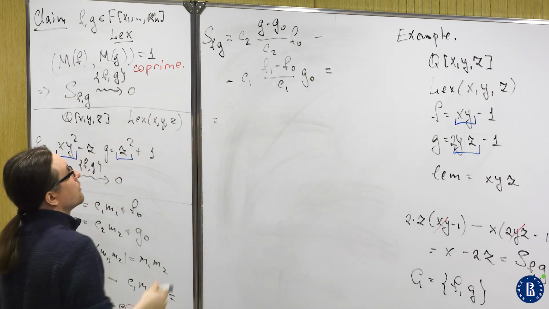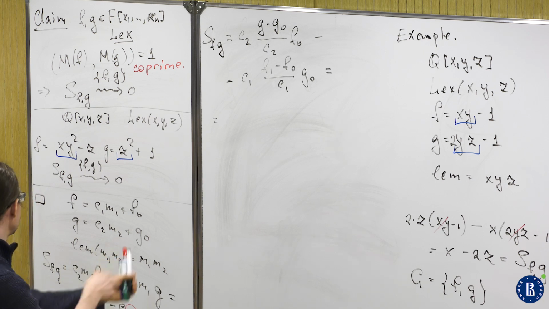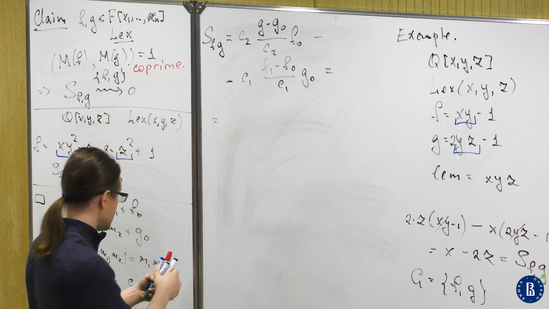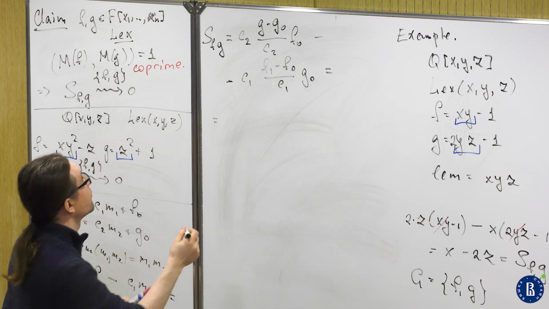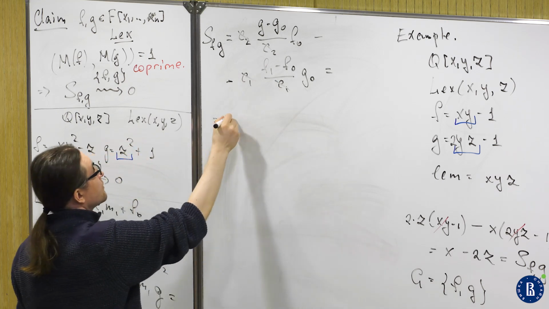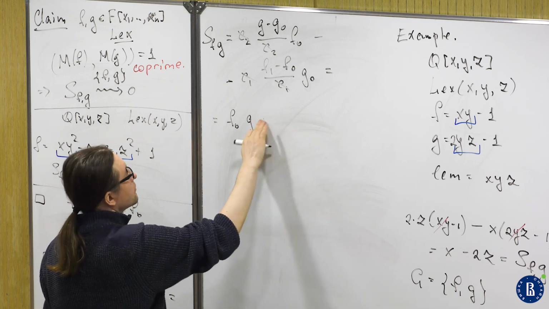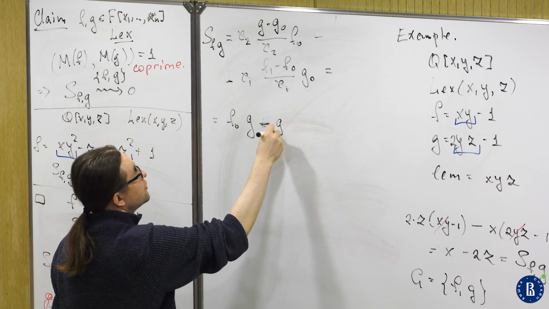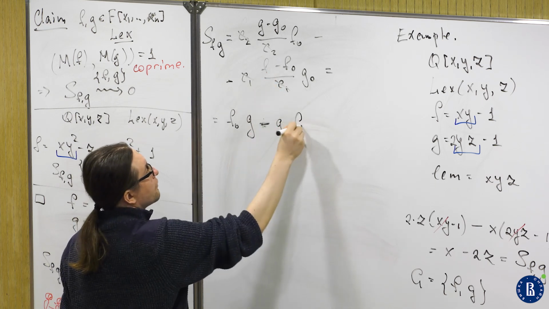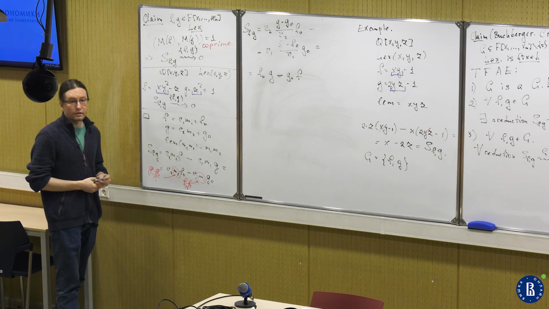So if we rewrite it here, am I doing something wrong? No, that's okay. That's actually okay. So we cancel these two things, and in the result we will get f0 g minus g0 f. This is how you can rewrite the expression.